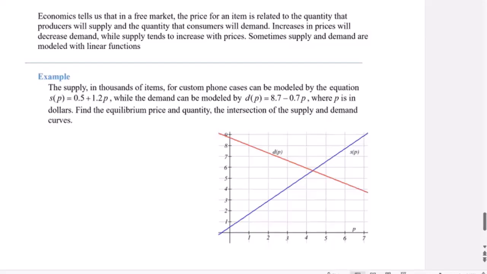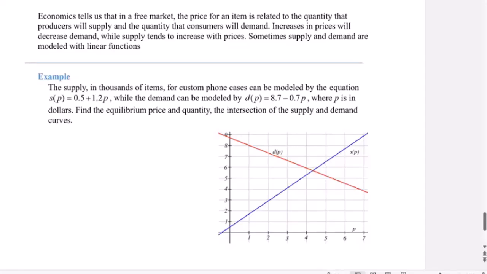Like if I have a television set that costs $1,000, fewer people will buy that television set. If all of a sudden I sell that television set for $100, a lot of people will want to buy that television set, right? That would be called the demand function, okay?